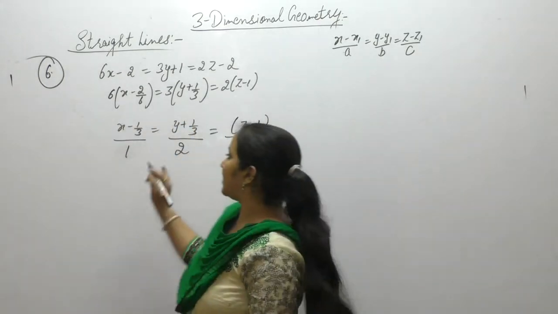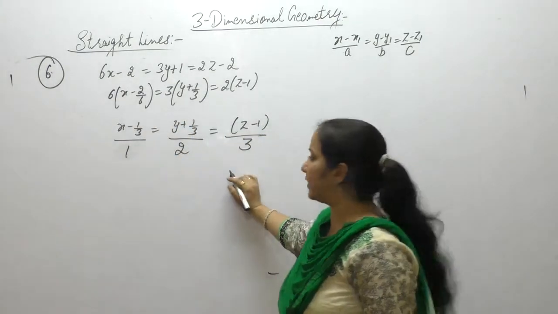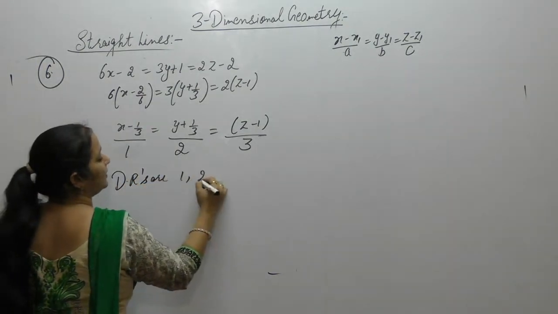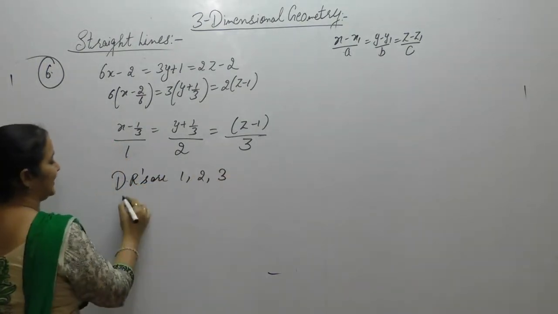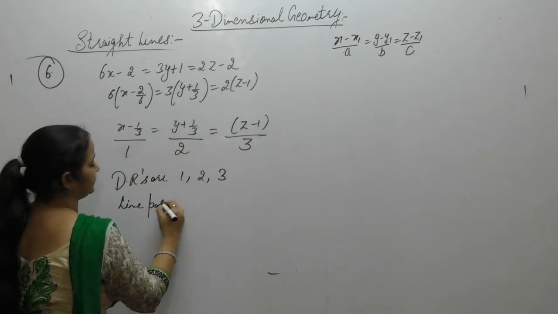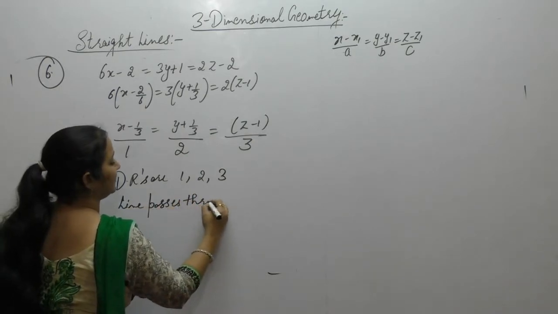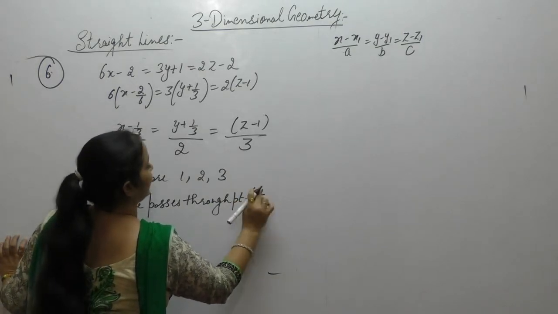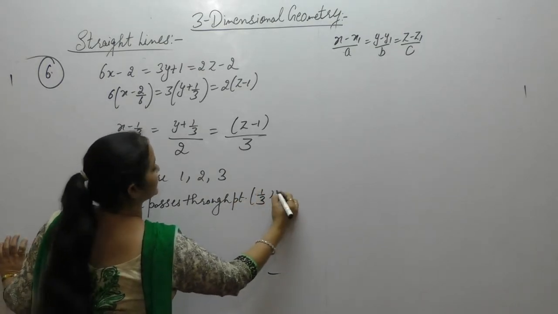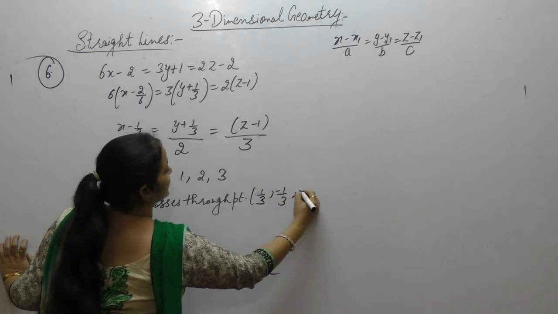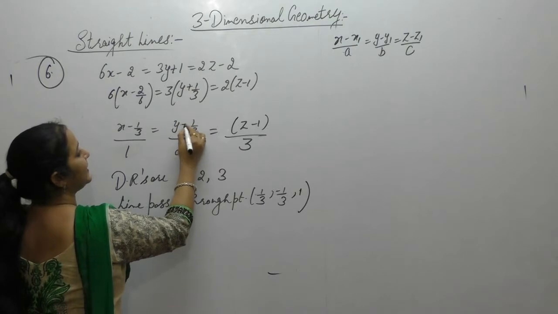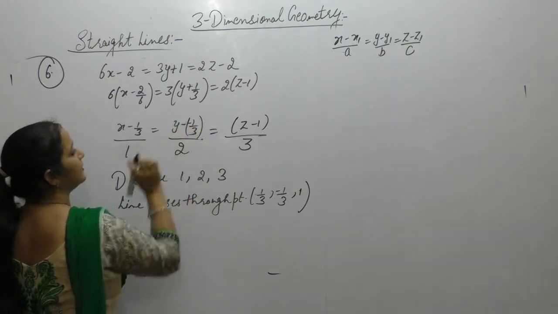Now we are asked about the direction ratios of the line. So the direction ratios are 1, 2 and 3, and the line passes through the point 1 by 3, x minus x1, y minus y1, z minus z1. We can write this as y minus minus 1 by 3.